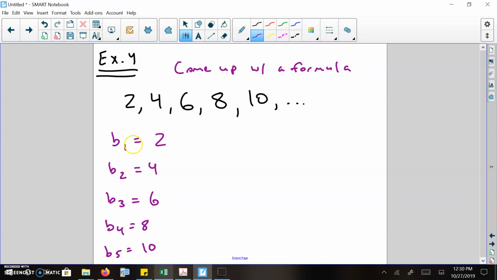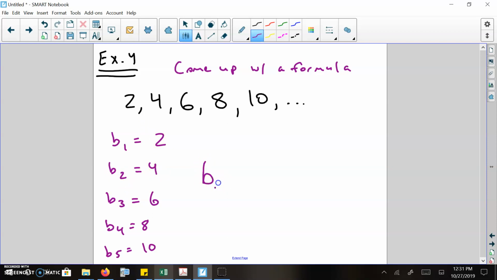Really what you're looking for here is, can you find a relationship between the number that term is in the sequence and the actual term. Okay, the first term is 2, the second term is 4, the third term is 6, the fourth term is 8, the fifth term is 10. What you'll notice here is the number of the term is getting doubled to find the actual term in the sequence.